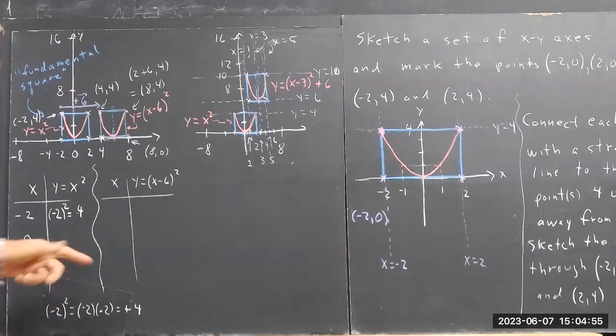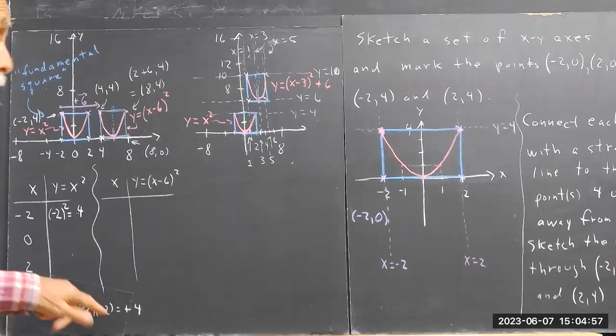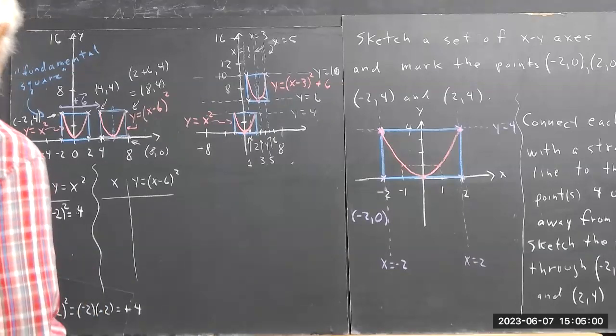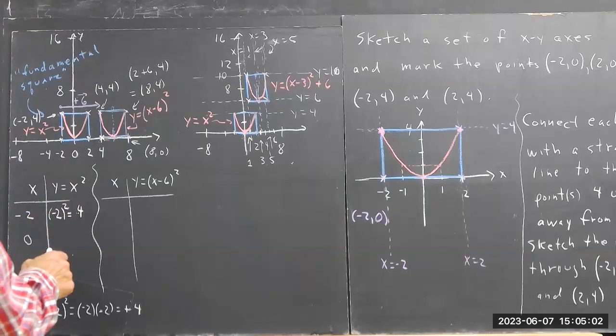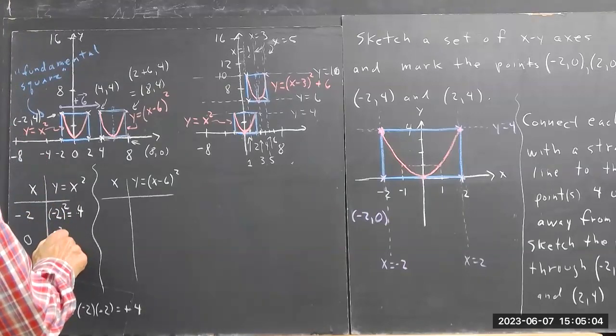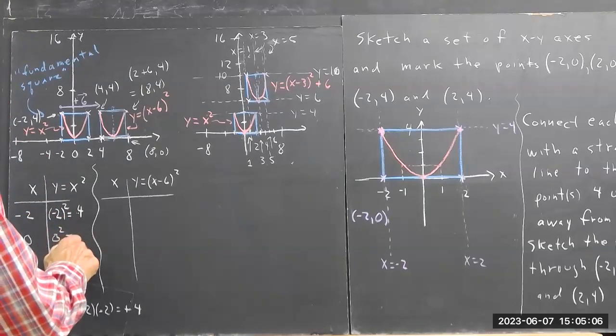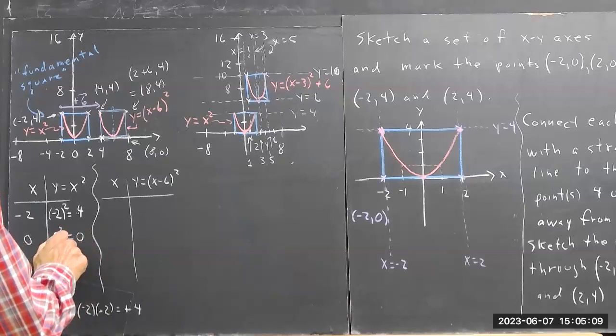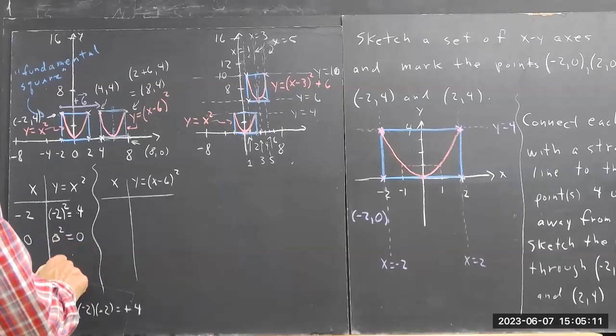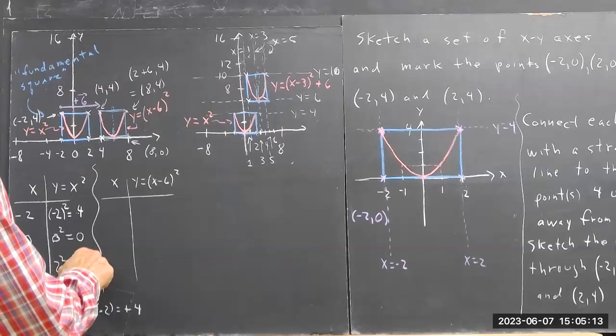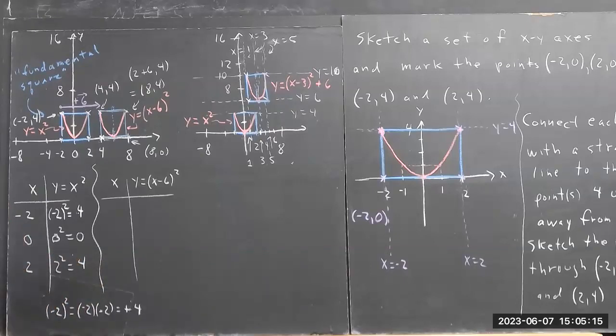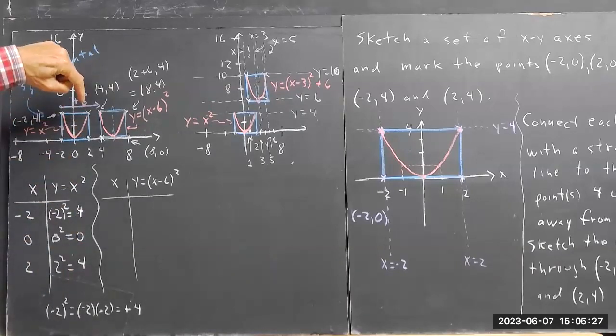You shouldn't be reaching for a calculator to multiply -2 by -2 or the square of -2. Okay. 0 squared, well, that just means 0 times 0, and hopefully everybody understands that that's 0. And then 2 squared, well, that's 2 times 2, and that's 4. So we get the point (-2, 4), verifying this point. The point (0, 0), verifying this point. And the point (2, 4), verifying this point.